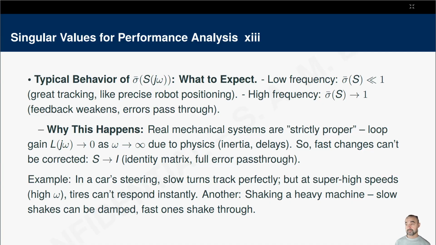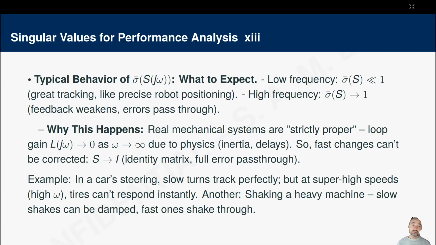So the loop gain, L(jω), going back to the beginning of this chapter, goes to 0 as omega goes to infinity due to physics. Think about it as a spring mass, and under what circumstances omega goes to infinity.